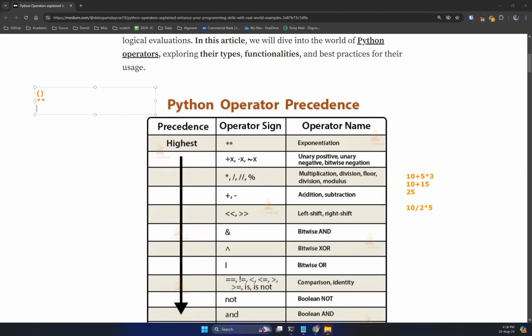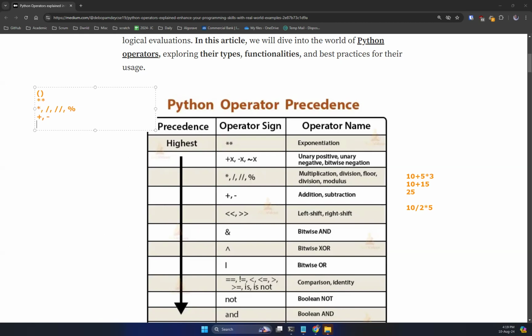Then multiplication, division, floor division, and the remainder modulus. Addition and subtraction. Then we have the left shift, right shift that we're not going to do here.